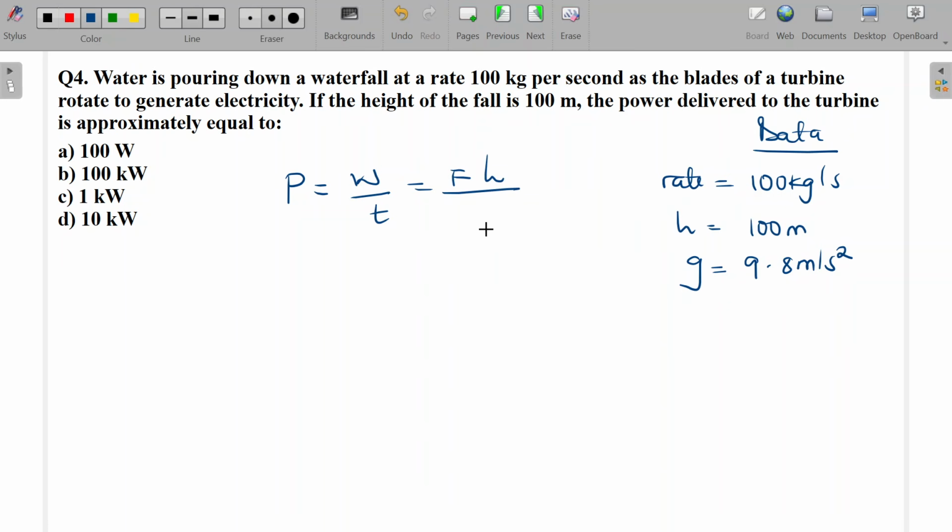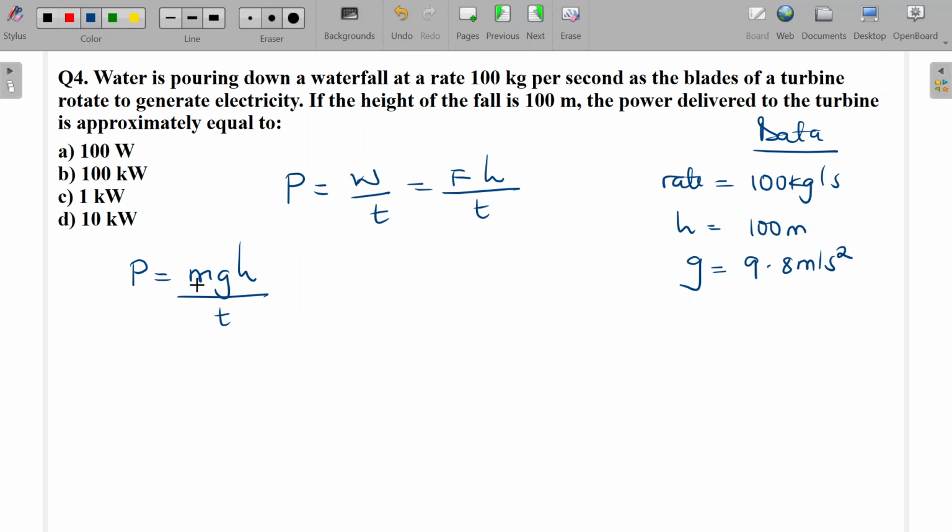So we say force times height, divided by the time. But we don't have a force. What force is acting here? There's a gravitational force, which is mg, so power is mgh over t.